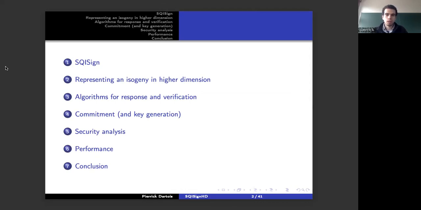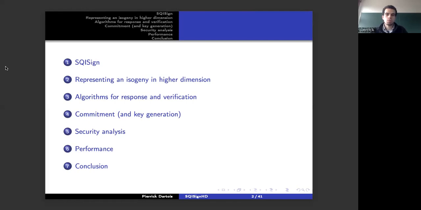Then get to the main idea of SQISignHD, which is the higher dimensional isogeny representation due to SIDH attacks, and how these ideas can apply to response and verification algorithms in SQISign, and as well how we should adapt the commitment to optimize efficiency in our particular protocol.